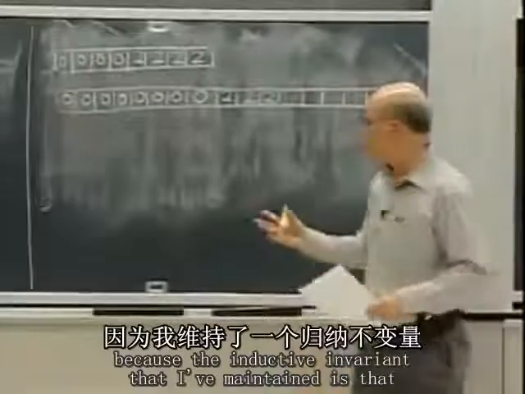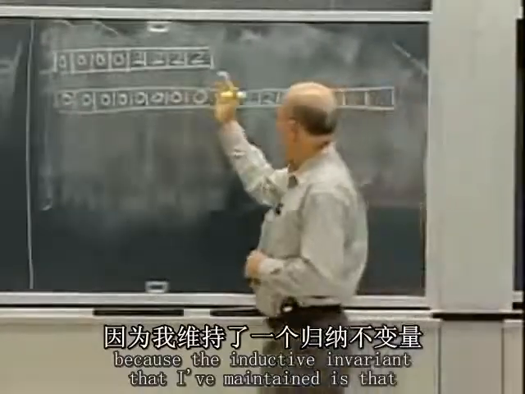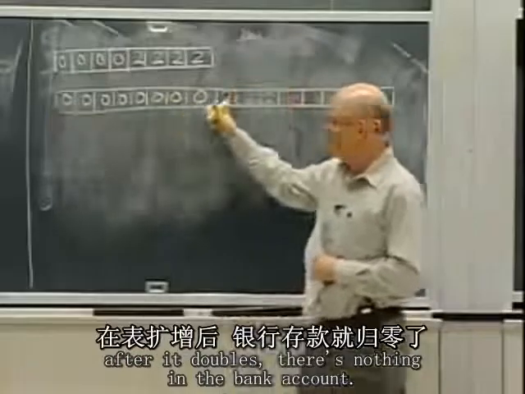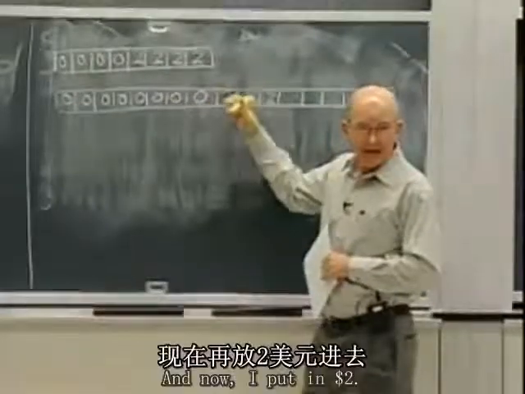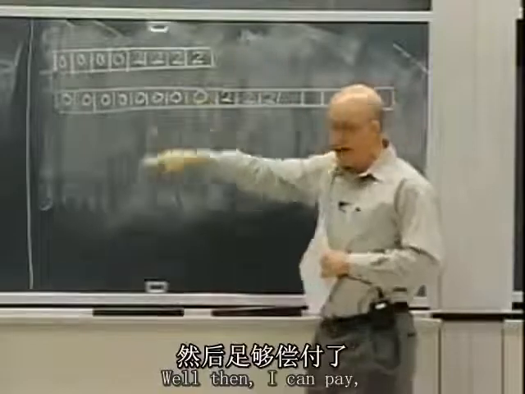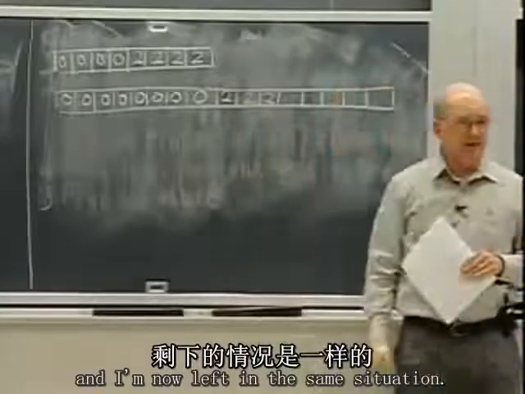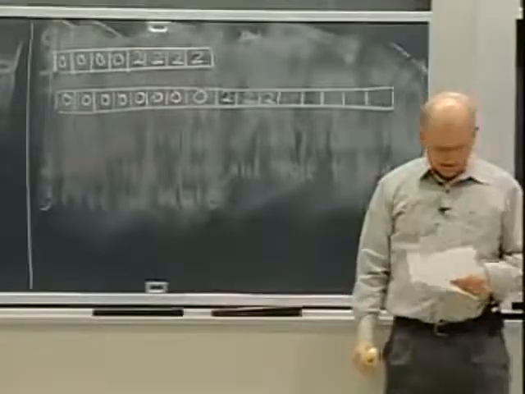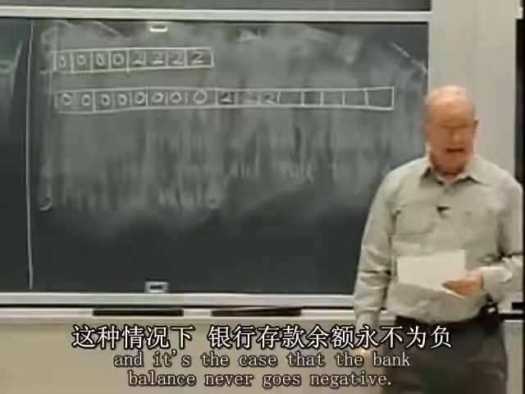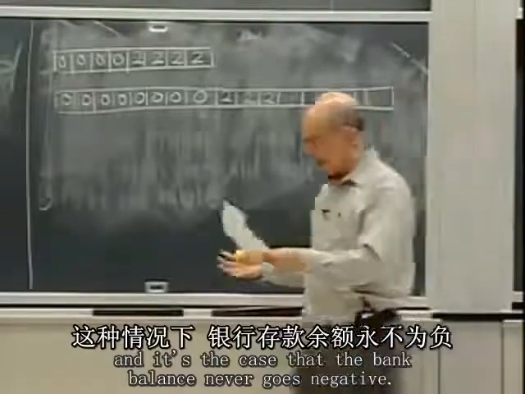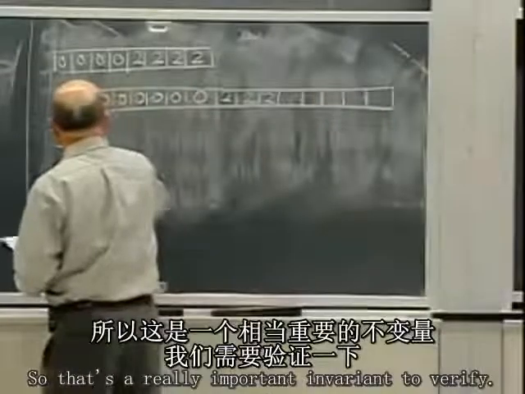Because the inductive invariant that I've maintained is that after it doubles, there's nothing in the bank account. And now I put in $2, well, then I can pay, and I'm now left in the same situation. And it's the case that the bank balance never goes negative. So that's a really important invariant to verify.